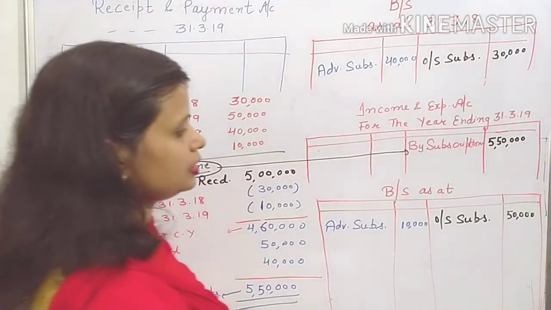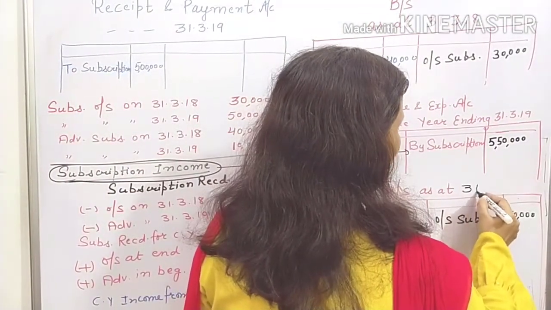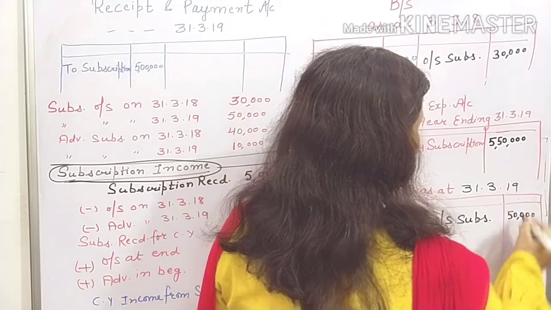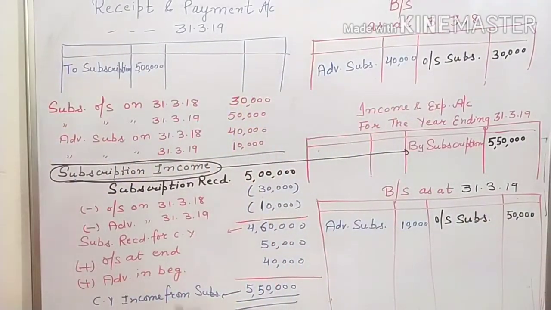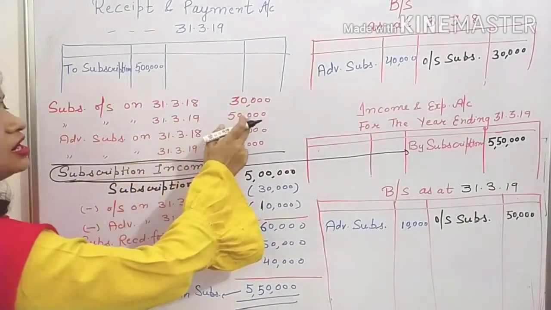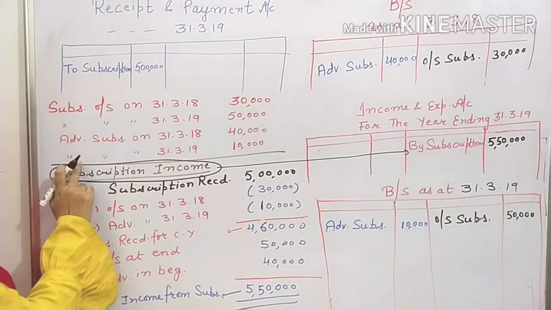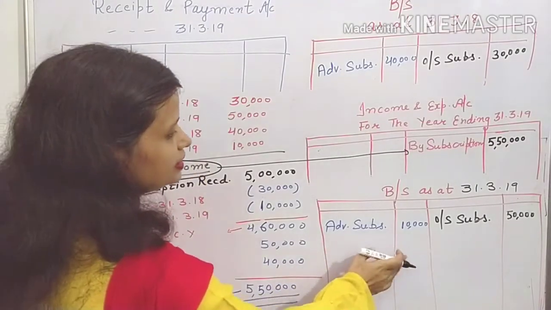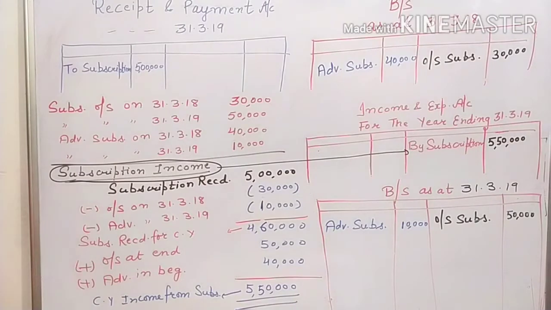Similarly, you can prepare the balance sheet at the end on 31st March 2019: subscription outstanding 50,000 and advance subscription 10,000. This is our first example to solve practical problems related to subscription.